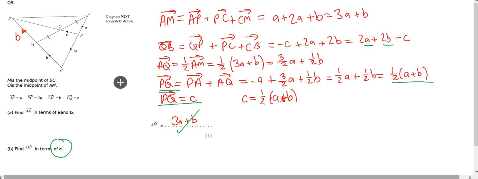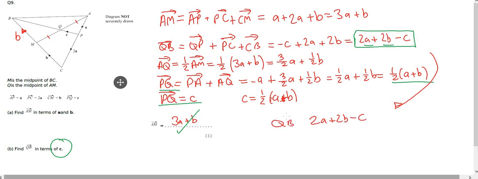Okay, now remember we want QB, which we worked out earlier. We worked out that QB was 2a plus 2b minus c. So let's replace that. That's QB. And I can rewrite this as 2 lots of a plus b, minus c.